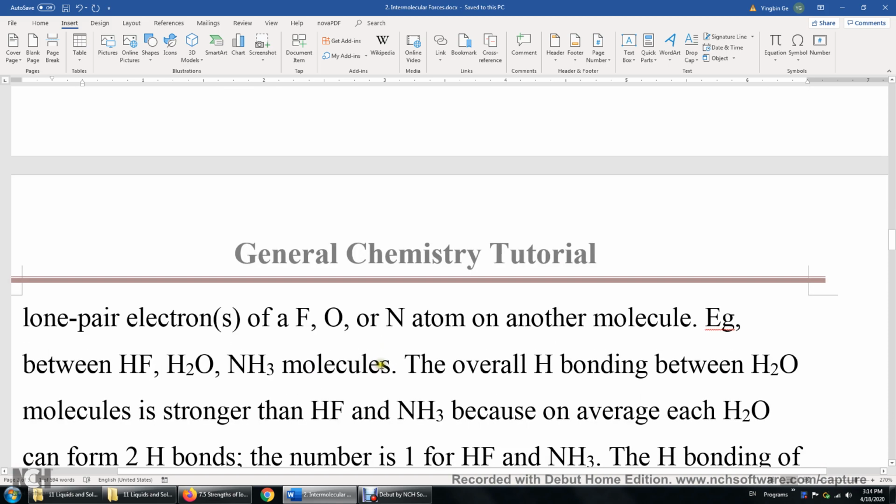For example, it's possible to have hydrogen bonds between hydrogen fluoride molecules, between water molecules, between ammonia molecules, or you can have hydrogen bonding between one HF and one water, or between one water and one ammonia.